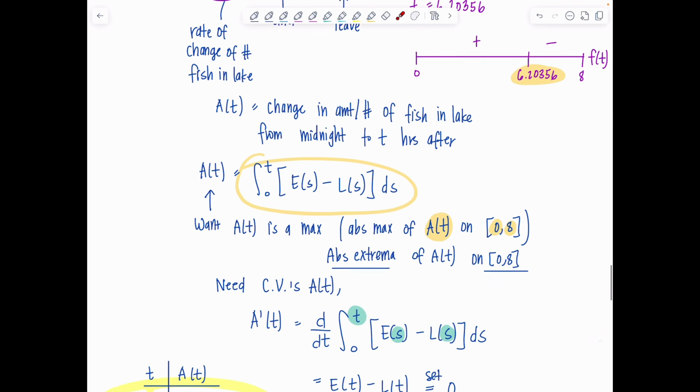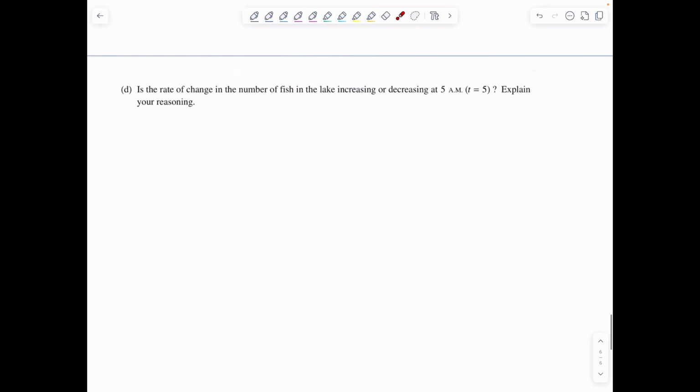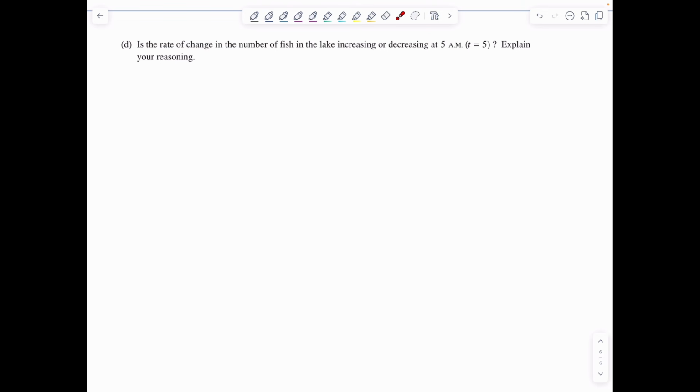Okay, last part of this problem. Is the rate of change in the number of fish in the lake increasing or decreasing at t equals 5? Explain. So the rate of change in the number of fish we defined earlier to be f of t, right?